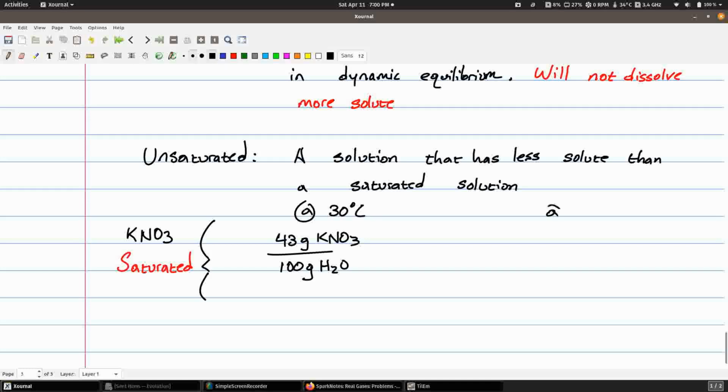And then same thing over here, we have 30 grams KNO3 over 100 grams H2O. So this would be your unsaturated solution.